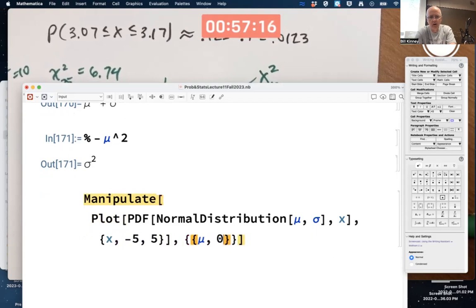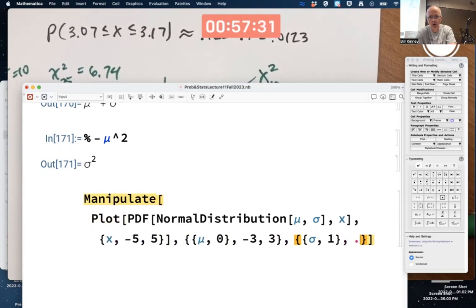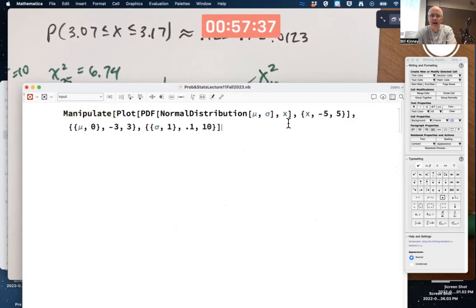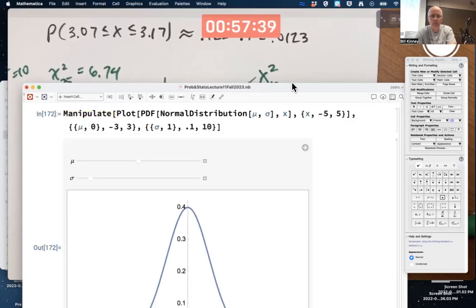Mu starting at 0, but I'll let mu vary to become negative, like negative 3 to positive 3. Sigma, the standard deviation, you don't want to be negative. This syntax is going to start it at 1 and let it go as low as, say, 0.1 and as high as 10. Don't worry about the syntax. I've typed this so often that I can do it pretty quickly.